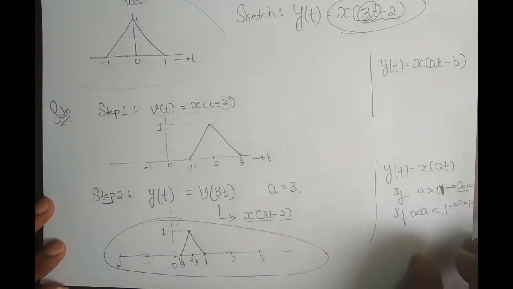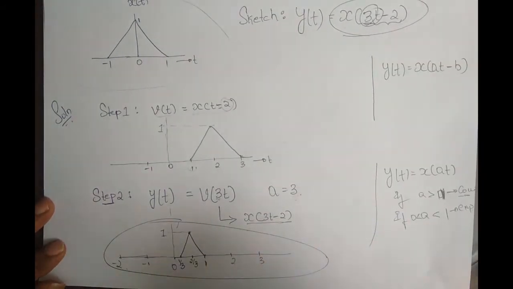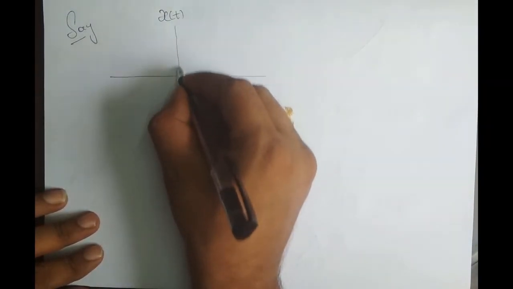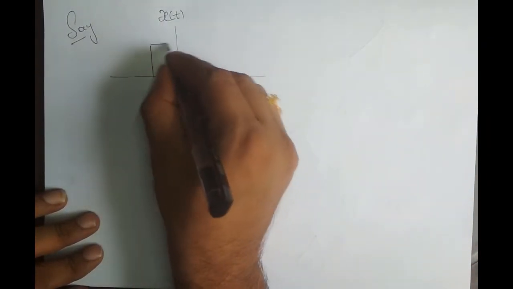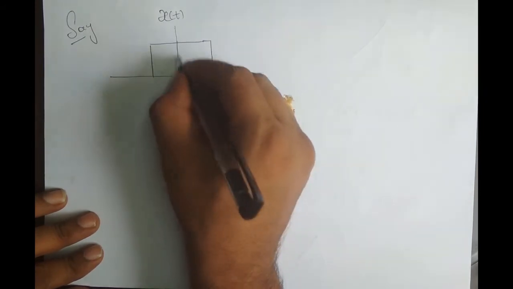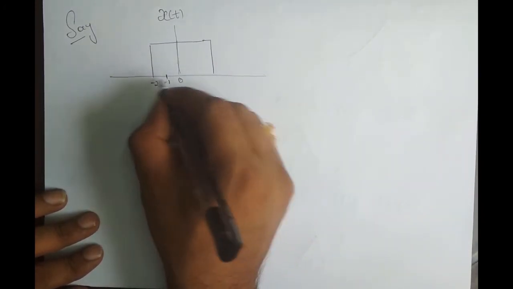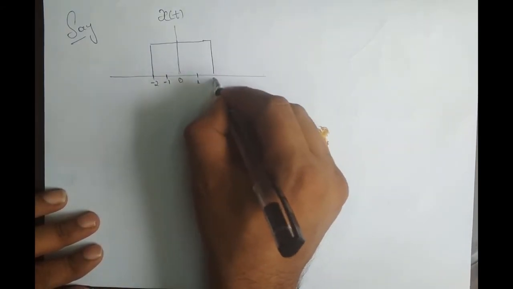Let me try to convince you with one more example so that you'll get used to it. So say I have a signal, a rectangular pulse. This is minus 1, minus 2, this is 0, this is 1, this is 2.